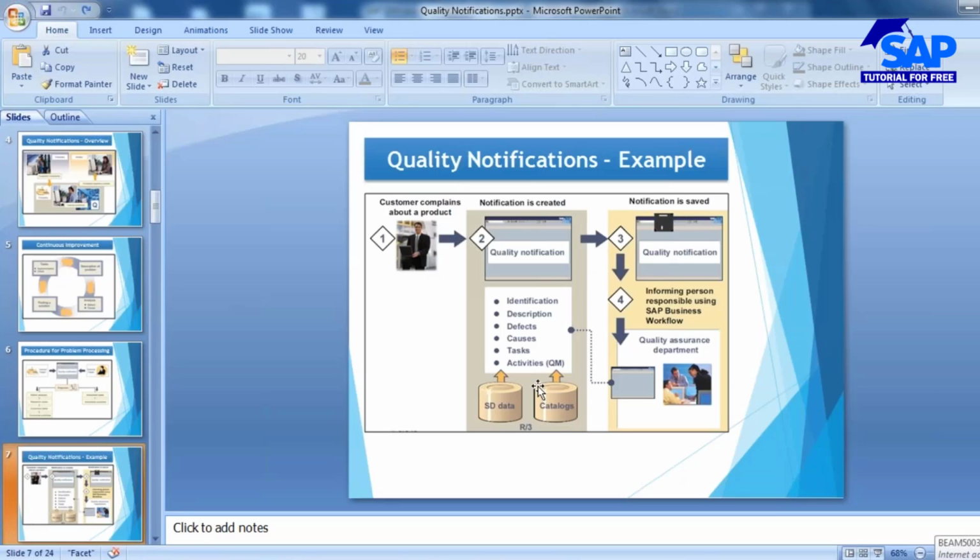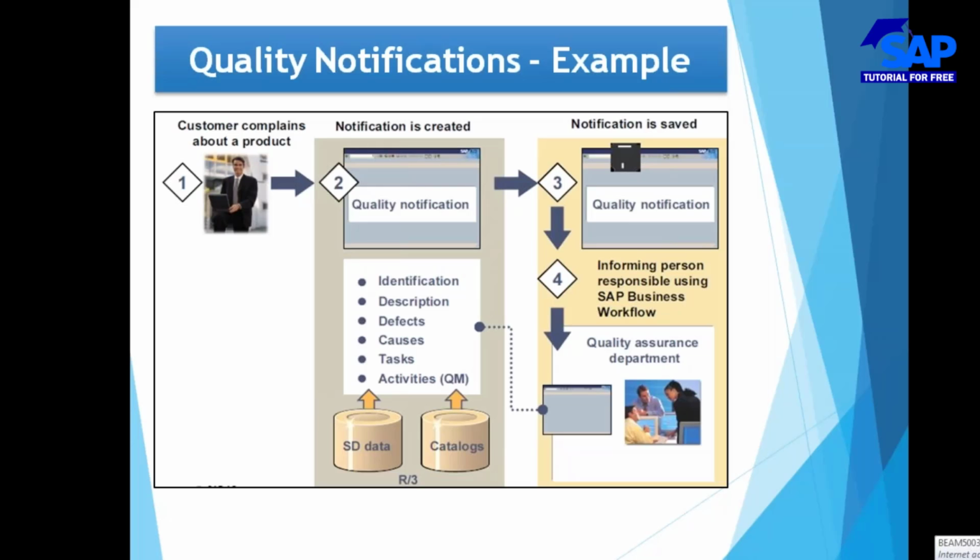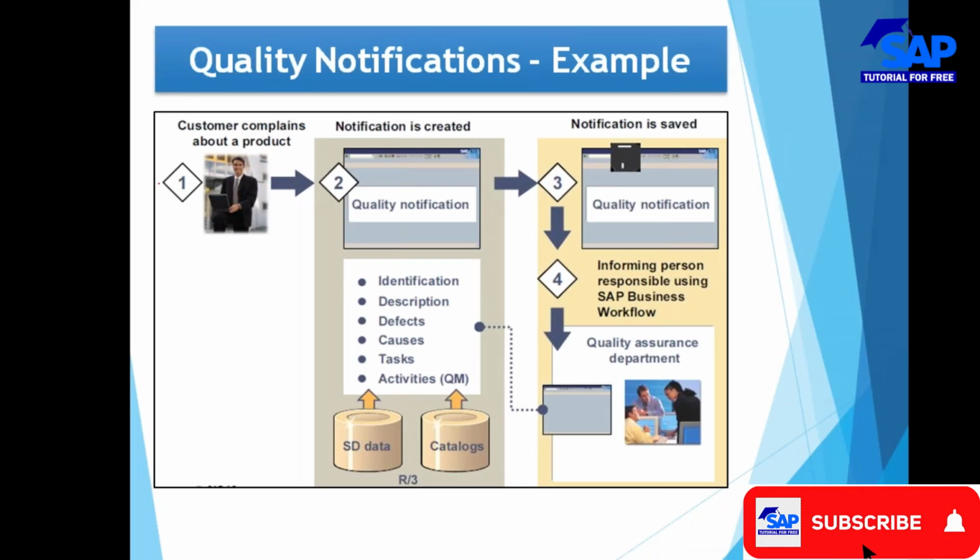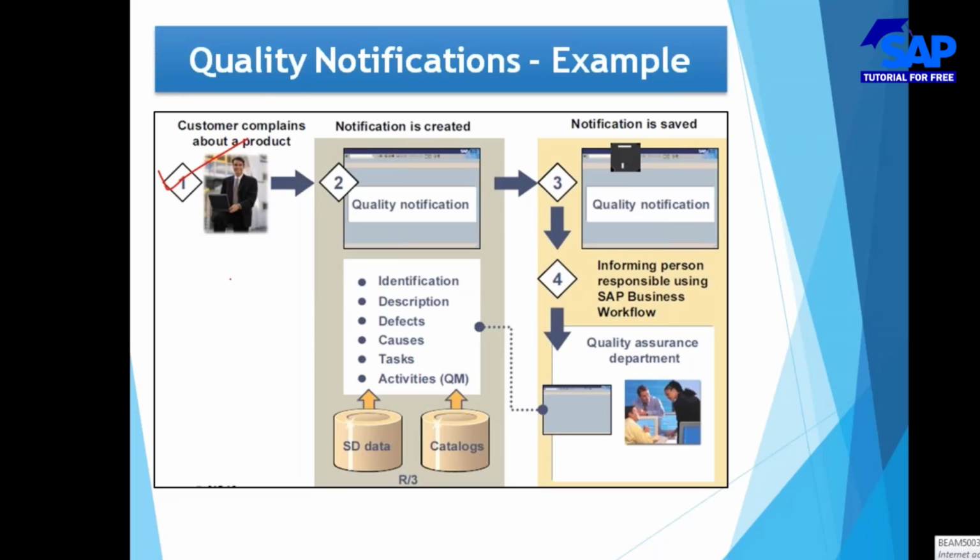Okay, so this is a best example for a quality notification. Your customer gives a complaint. Using that complaint, you will create a quality notification. Okay, in the quality notification, you enter all the data. What is the problem? What is the description? What is a defect? What could be the cause?